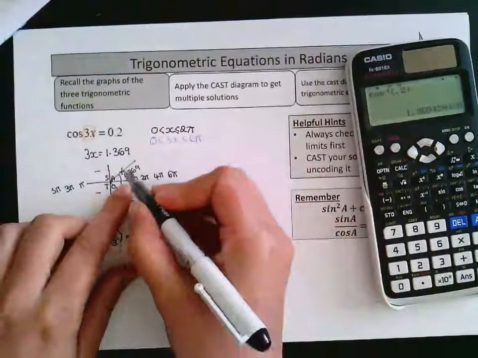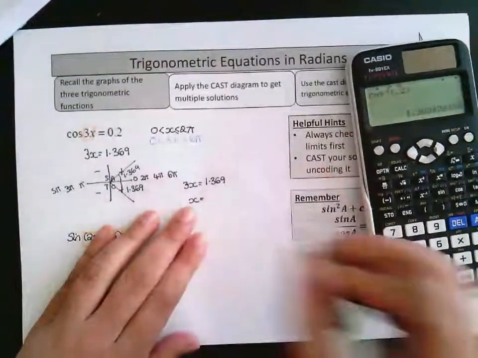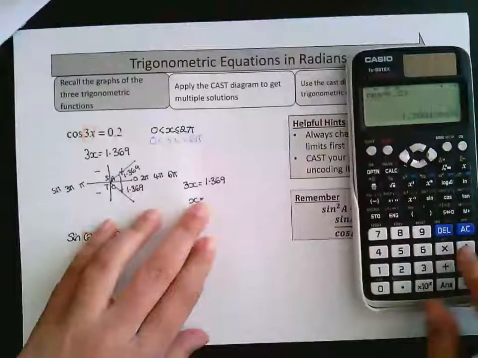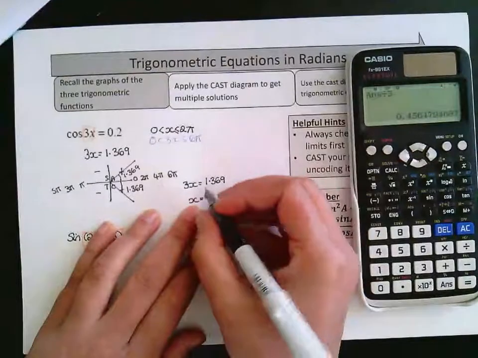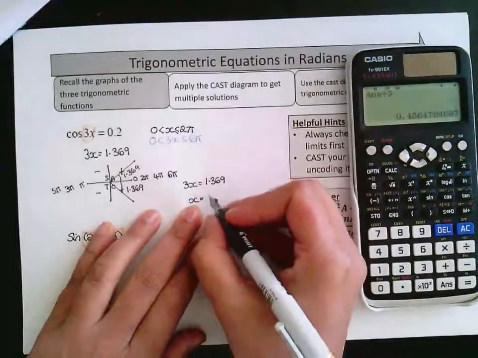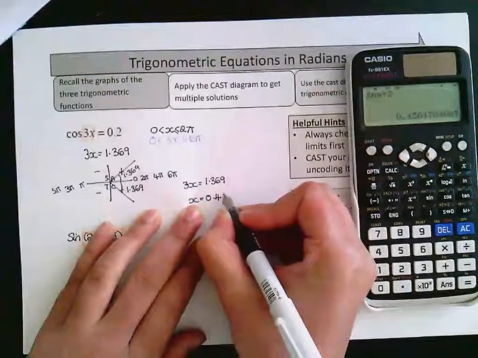So my first solution is 1.369, and I will be dividing it by 3 to get my second solution. I'm giving my answer to 2 decimal places, 0.46.